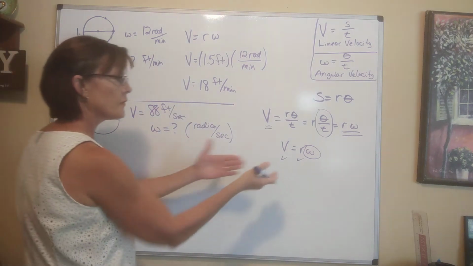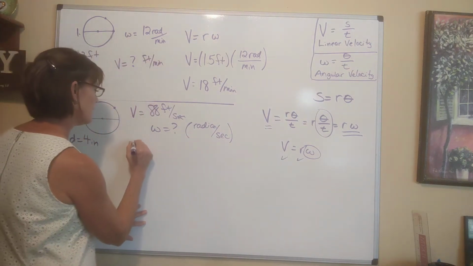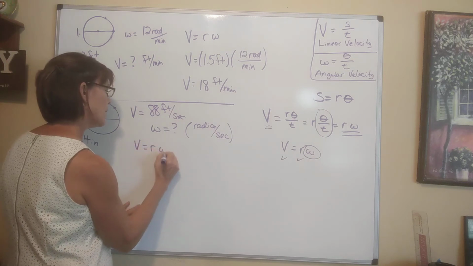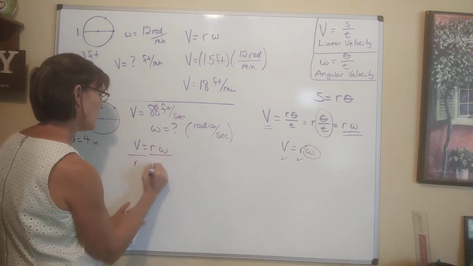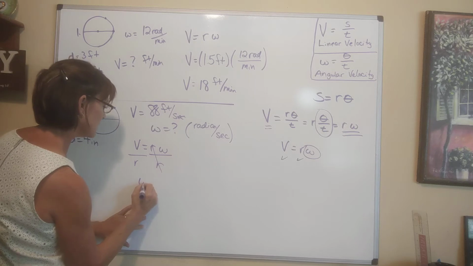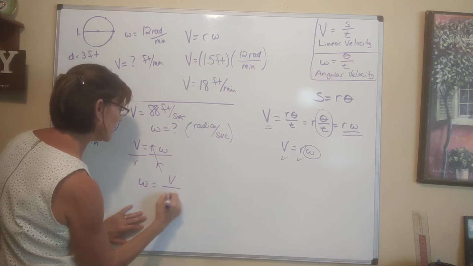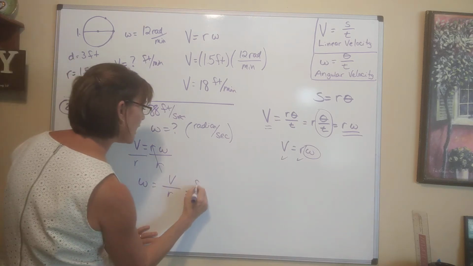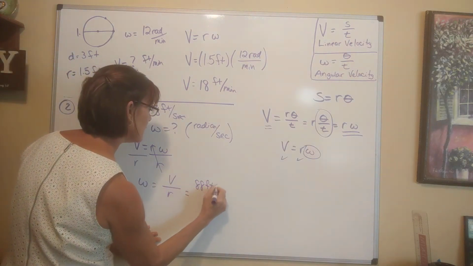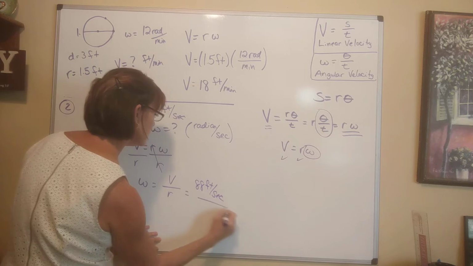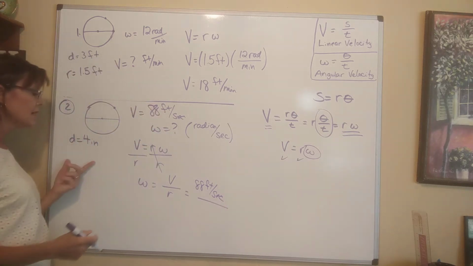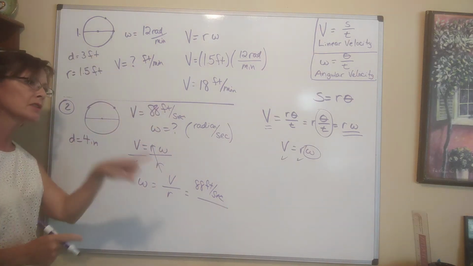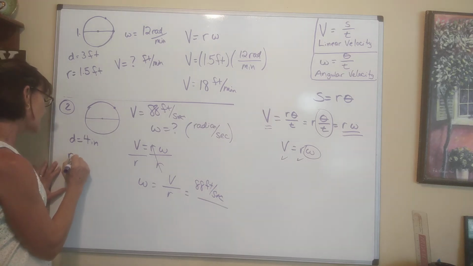I can solve for omega. If V is R omega, I can just divide both sides by R. Omega is the linear velocity divided by the radius. So that's going to be 88 feet per second divided by the radius. Again, they gave me diameter, so I have to change to radius, which is half of that, which is 2 inches.